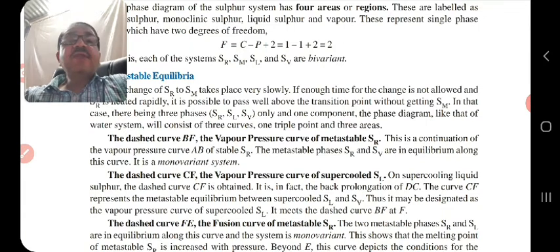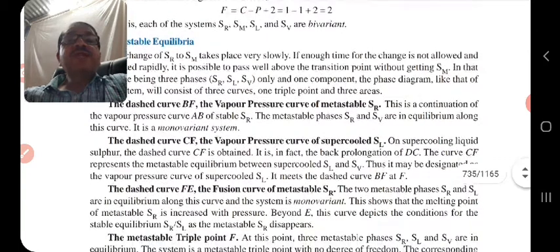The curve CF represents the metastable equilibrium between supercooled SL and SV. Thus, it may be designated as the vapor pressure curve of supercooled SL. It meets the dashed curve BF at point F. The dashed curve FE is nothing but the fusion curve of metastable SR. The two metastable phases SR and SL are in equilibrium along this curve and the system is monovariant.